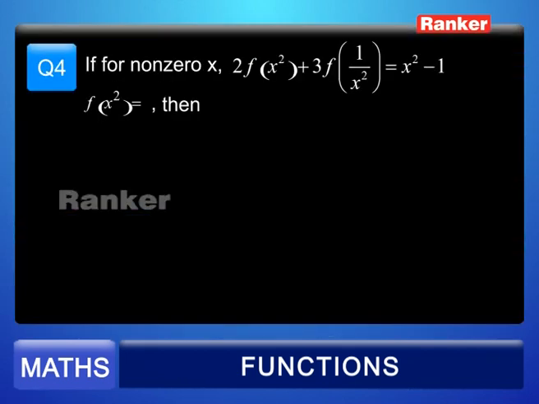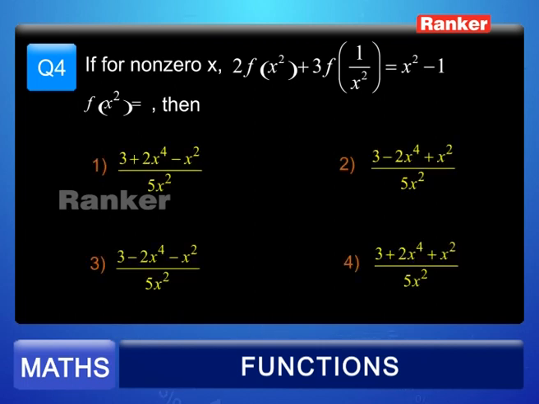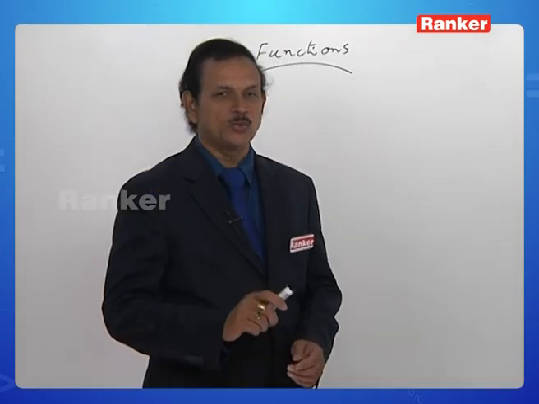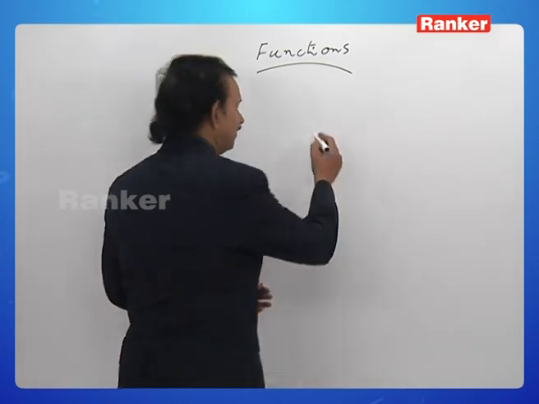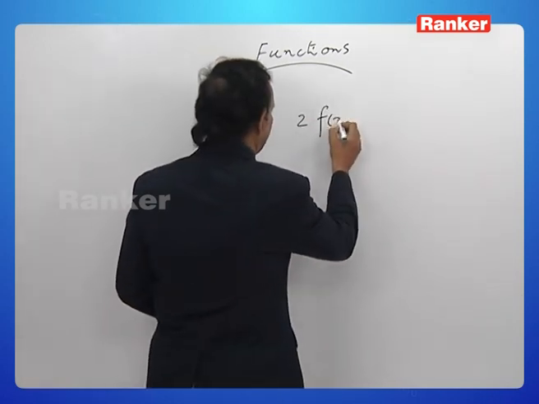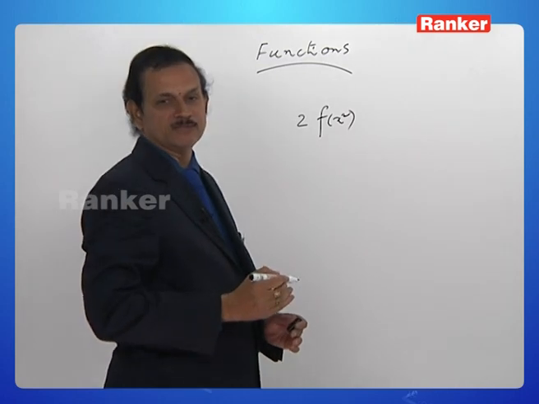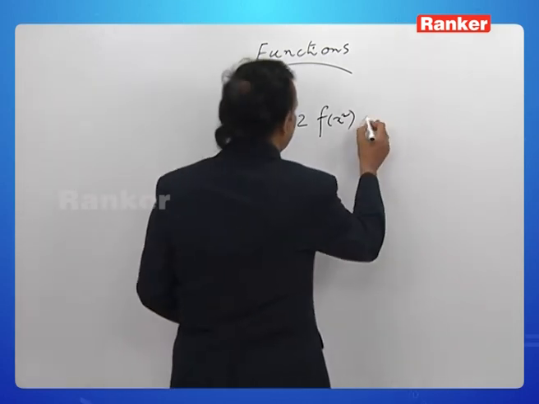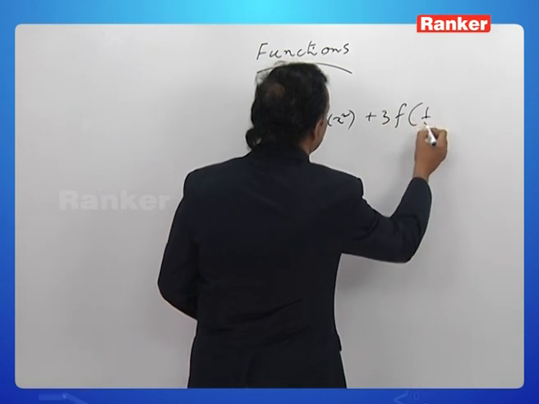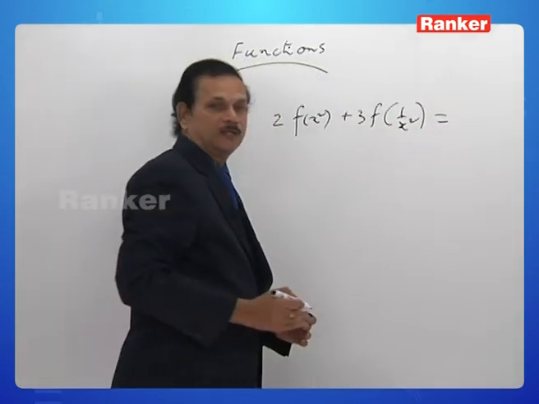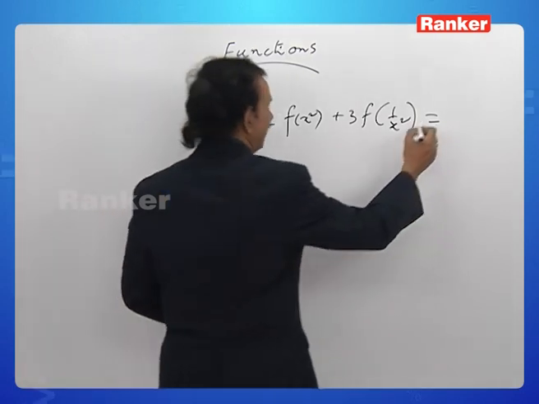The next question. If for non-zero x, 2 into f of x square plus 3 into f of 1 by x square is equal to x square minus 1, then f of x square is equal to, it's a beautiful question, a famous question. It has been given that 2 into f of x square plus 3 into f of 1 by x square is equal to x square minus 1.